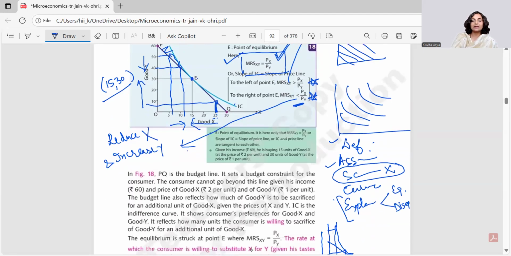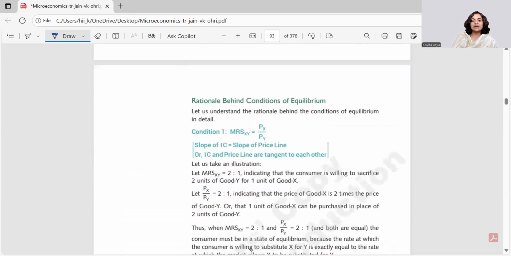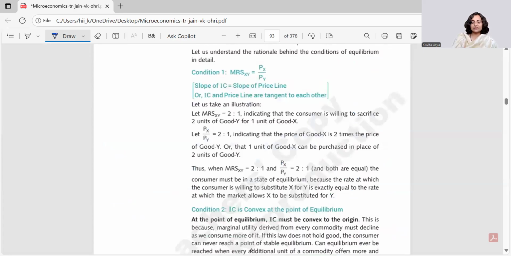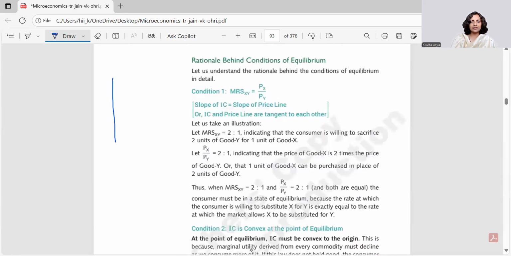And one more thing, some other authors give a bit more in this explanation. They say this is the budget line, this is the IC, right? They also give you one IC above and one IC below. And they say this is the point of equilibrium we have already discussed.